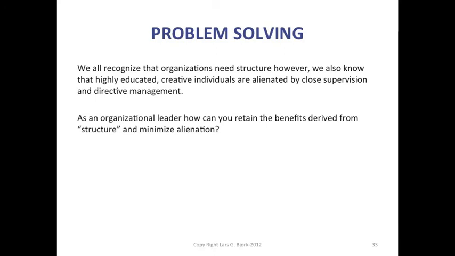However, we also know that highly educated, creative individuals are alienated by close supervision and directive management. As an organizational leader, how can you retain the benefits derived from structure and minimize alienation? I hope this review was helpful and that you used key concepts to better understand organizations and management.